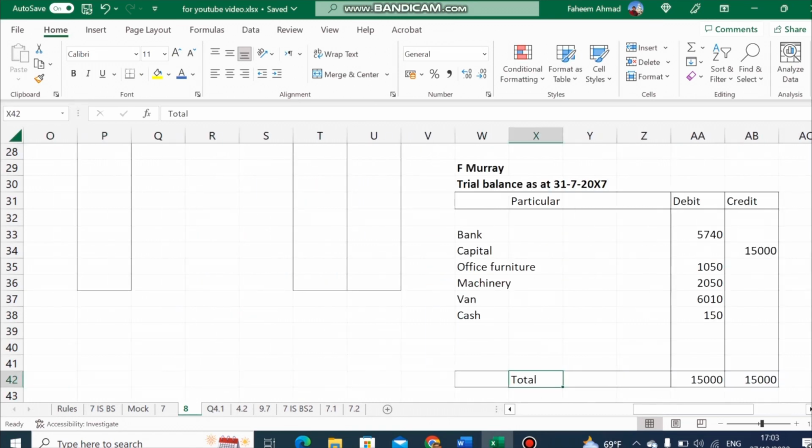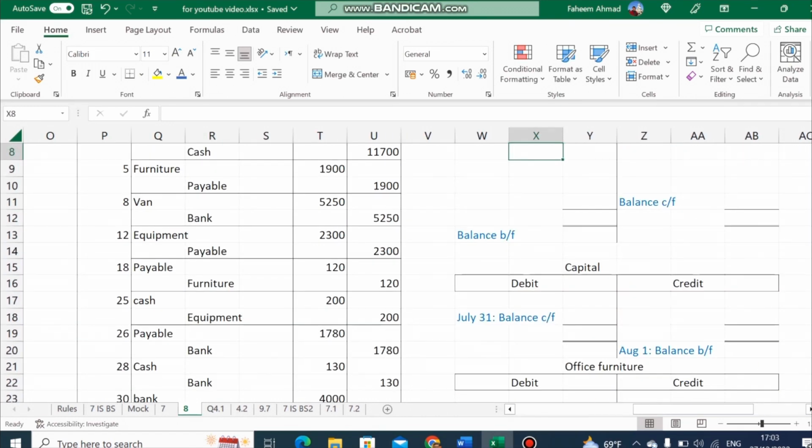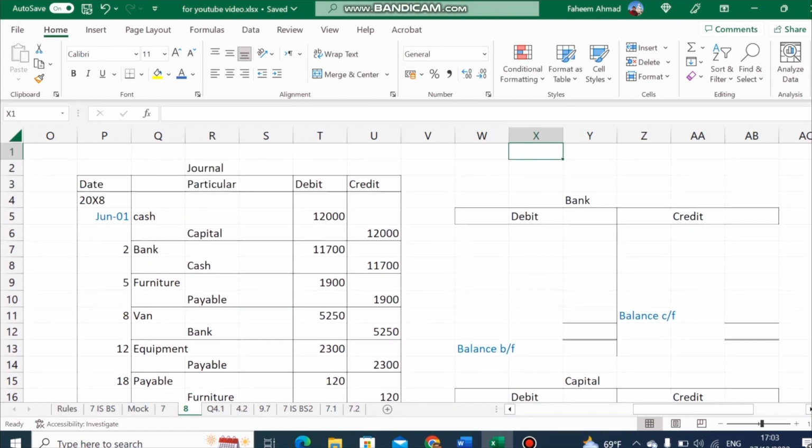This trial balance looks like from the last question. So I will post a completed solution for the second question that we covered in lesson 2.